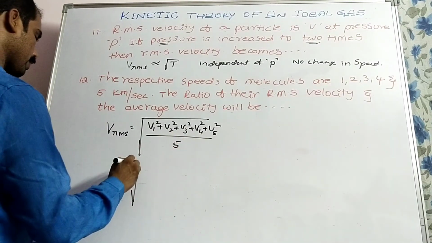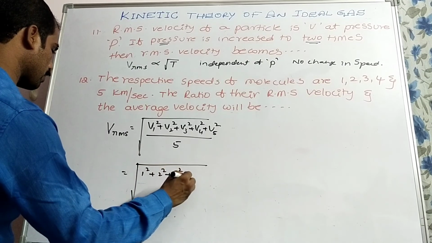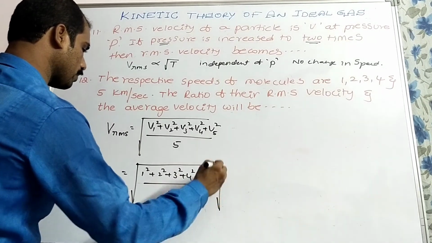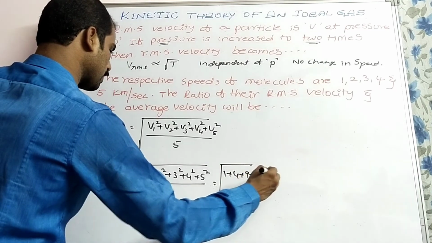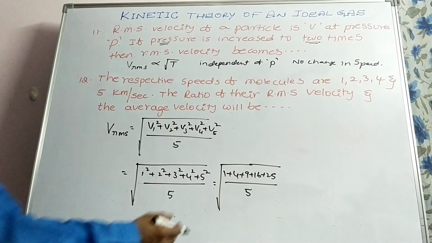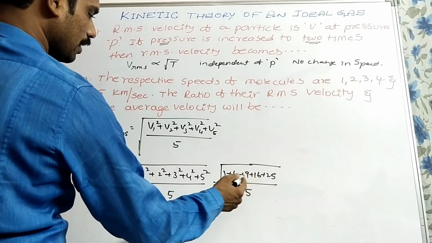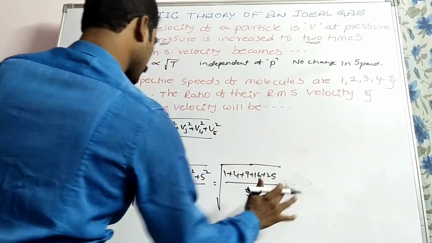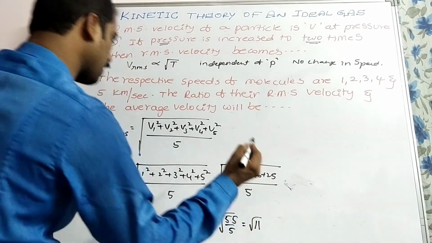That is equal to root of 1 square plus 2 square plus 3 square plus 4 square plus 5 square by 5, that is root of 1 plus 4 plus 9 plus 16 plus 25 by 5, that is 55 by 5, that is equal to root 11.